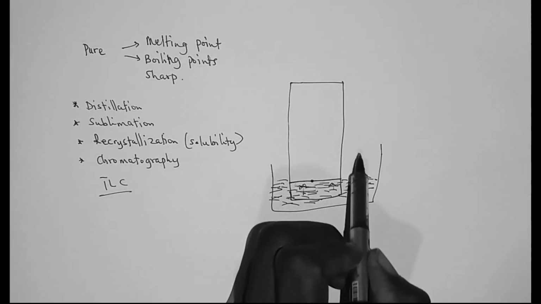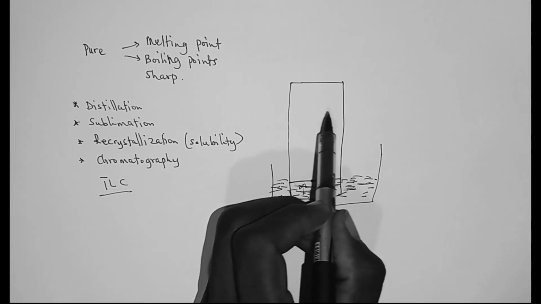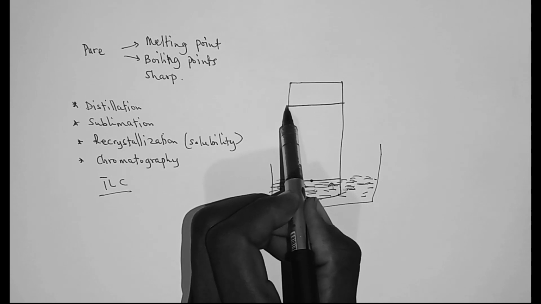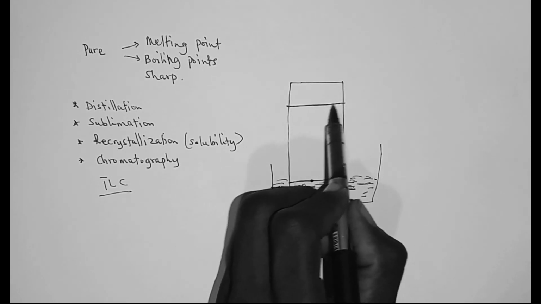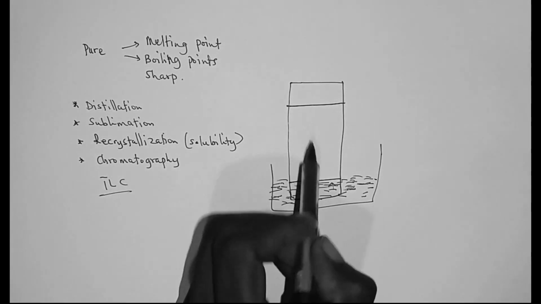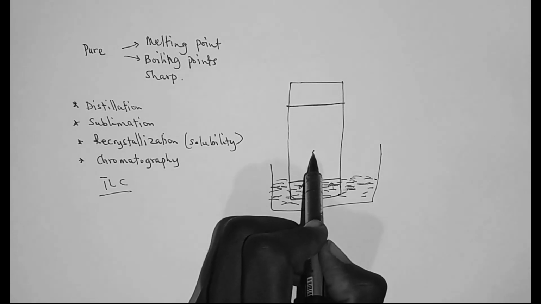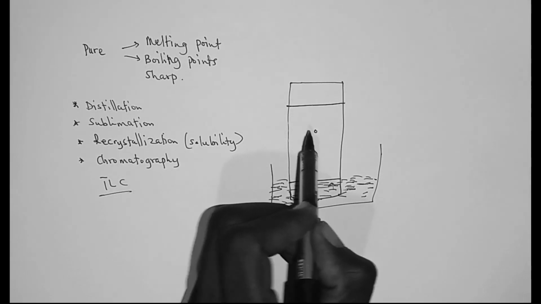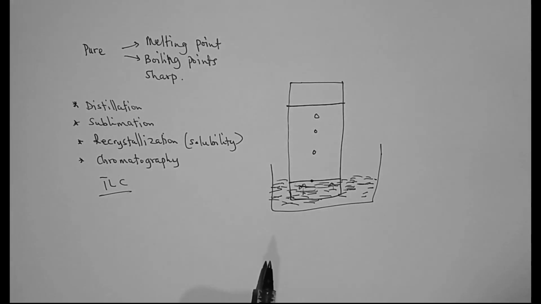And so after the solvent moves to maybe a certain point here, then you would mark that point. By that time, it would have separated your organic compound into some layers.